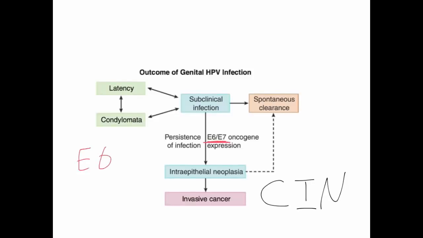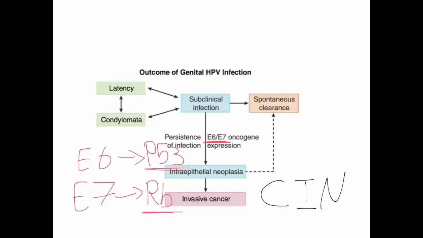E6 inhibits P53, and E7 inhibits the RB gene. So they deactivate the P53 and the RB gene. Once we have CIN, there are two pathways: either it will regress with spontaneous clearance, or it will develop into invasive cancer.